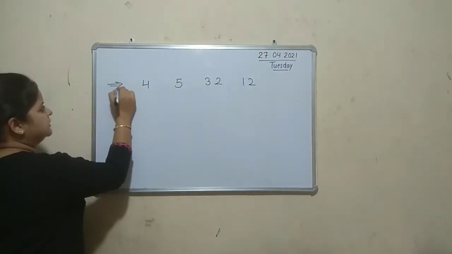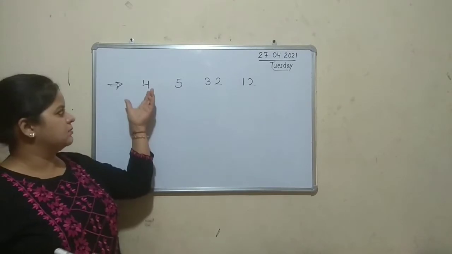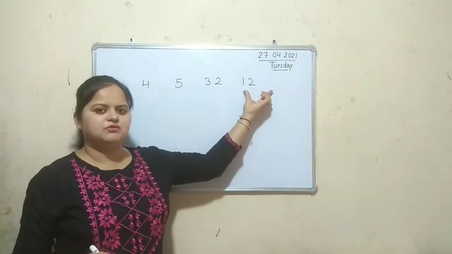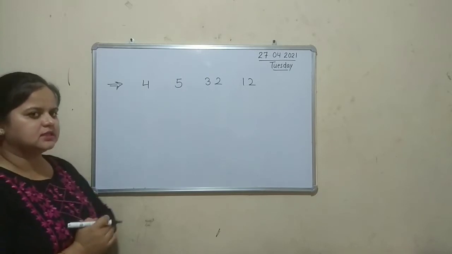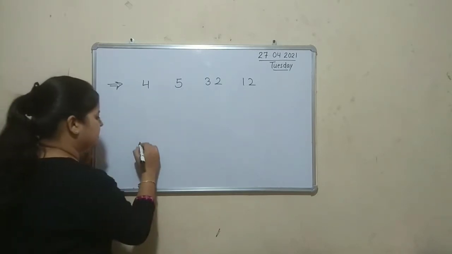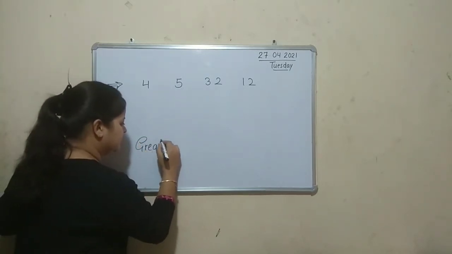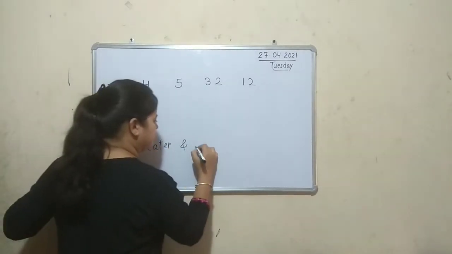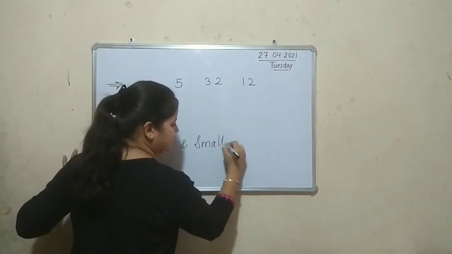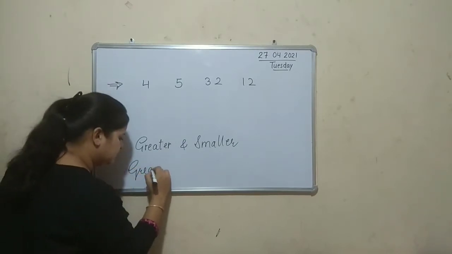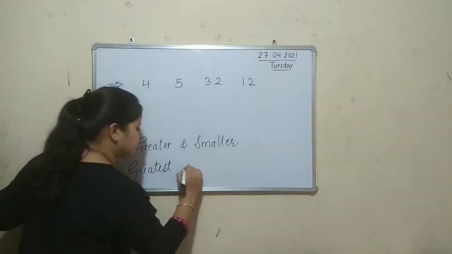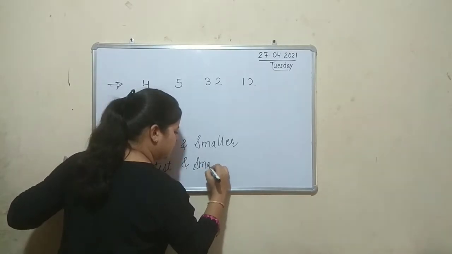Here we have 4 numbers now. 1, 2, 3, 4. So which is the greatest number? What have we done so far? Greater and smaller numbers. And now we will do the greatest and smallest numbers.